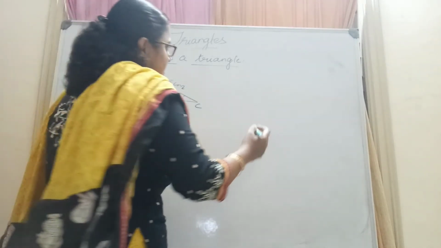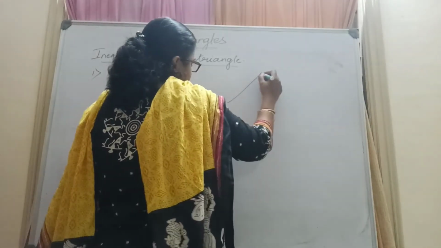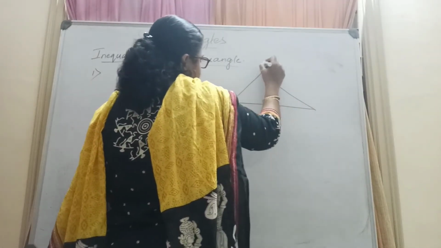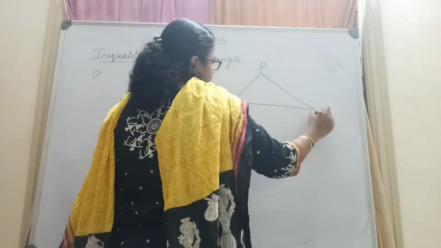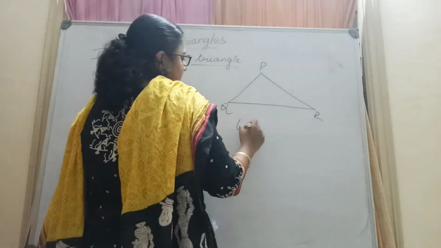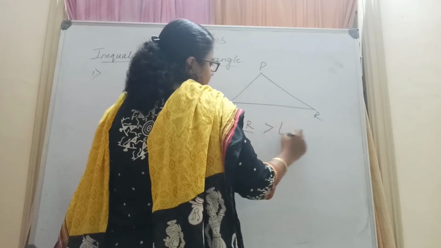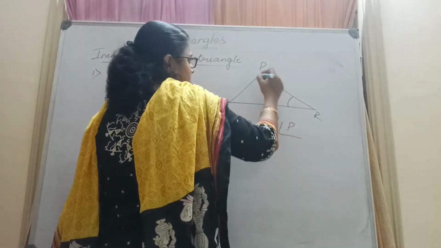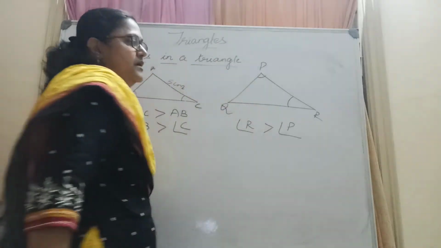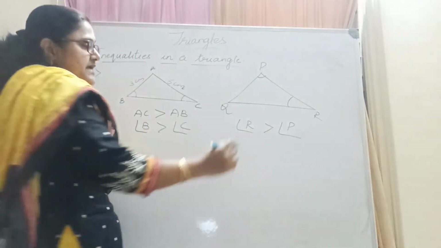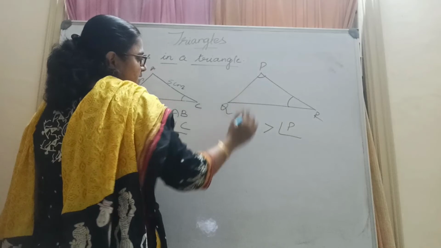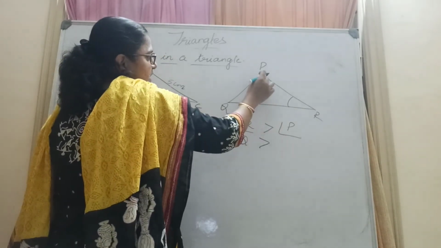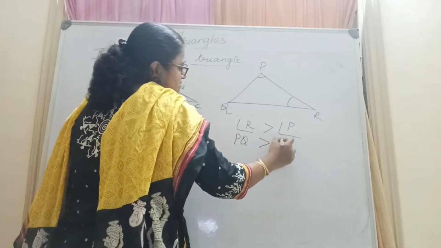Now, the converse of this is, say I have a triangle PQR, and it is given that angle R is greater than angle P. Then the side opposite to the greater angle, that is PQ, is greater than the side opposite to the smaller angle, that is QR.